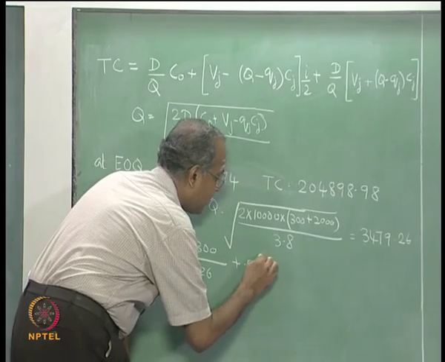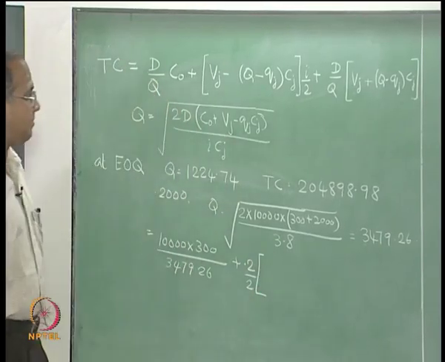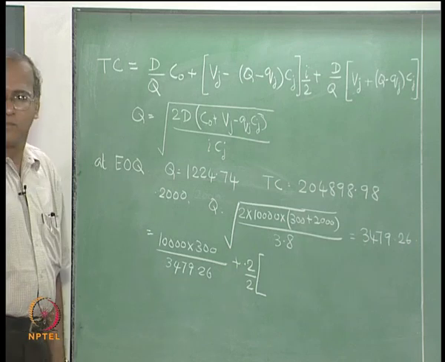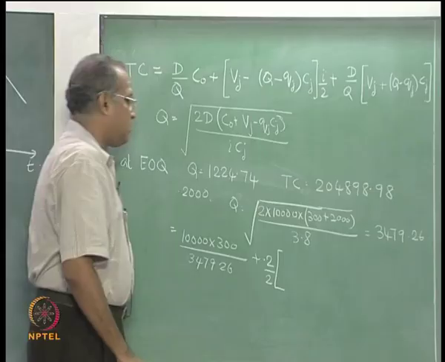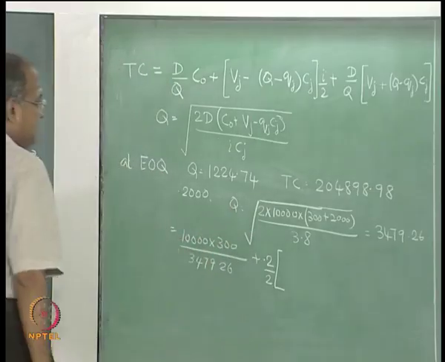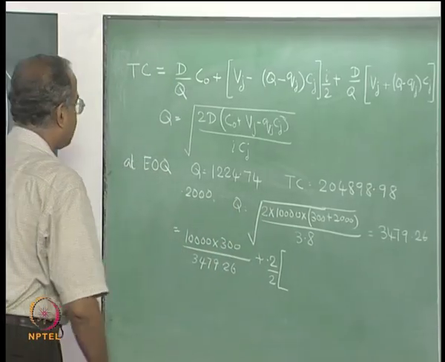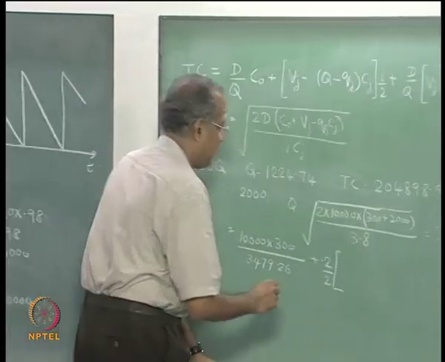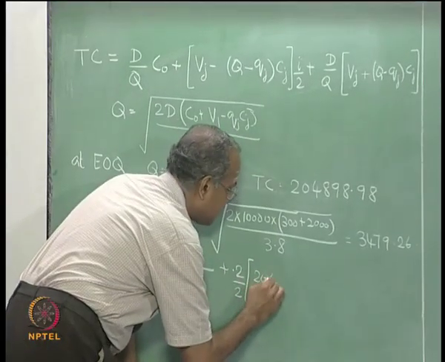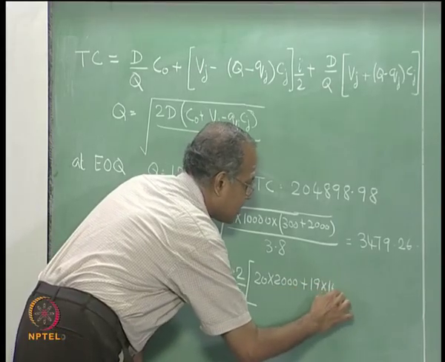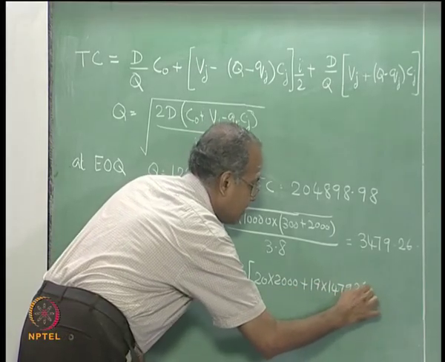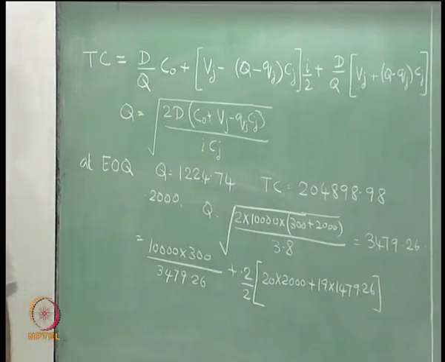So, 0.2 by 2, I by 2, into the money value of this. The first 2000 is at 20, so 20 into 2000 plus 19 into 1479.26, that is the money value.